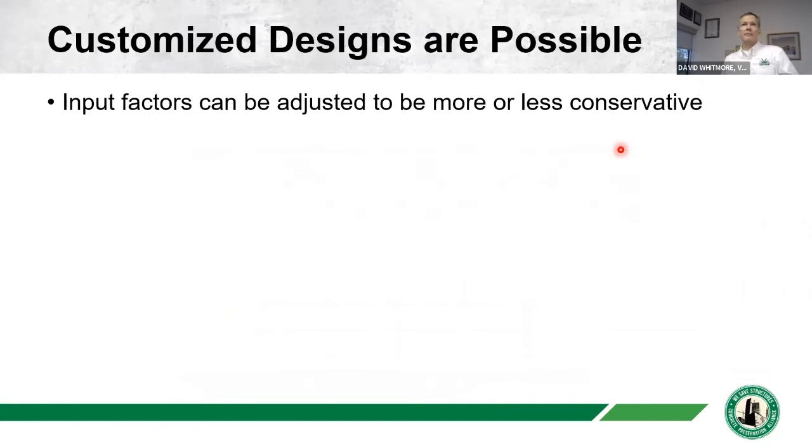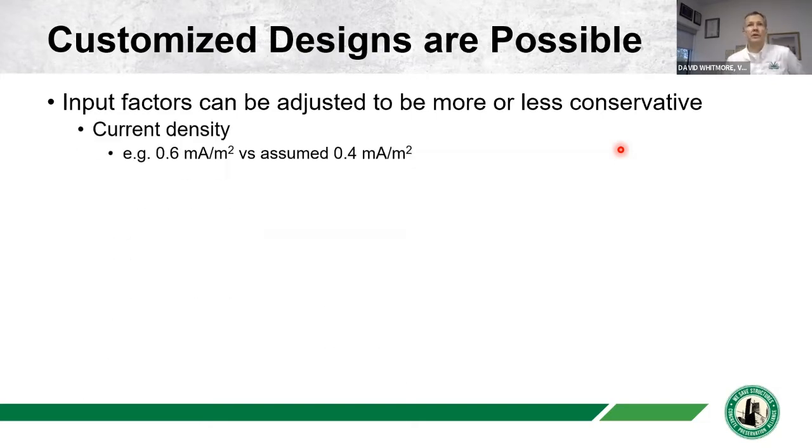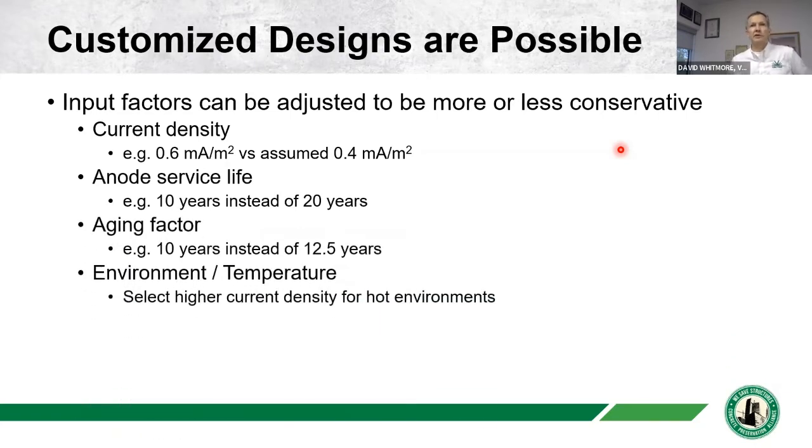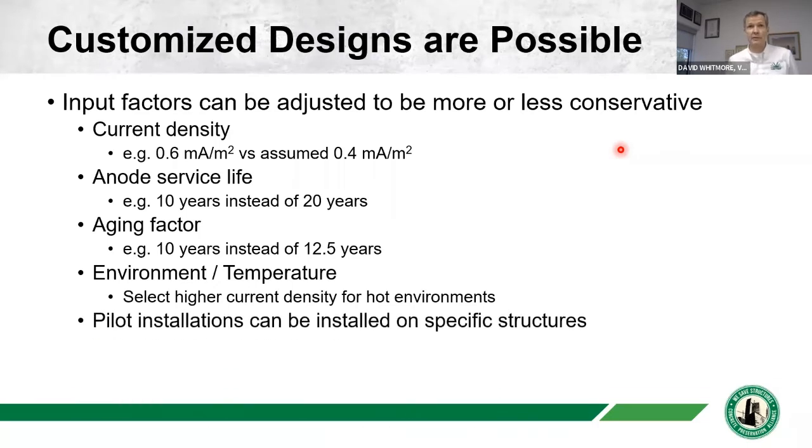Okay, so I just wanted to say that everything I've shown you is based on standardized, simplified design, but any of the designs can be customized. You can vary any of the factors that we've talked about. Current density, for example, or anode service life can be changed. Aging factor, environment, any of these things can be changed from the default in the spacing or in the standard tables.